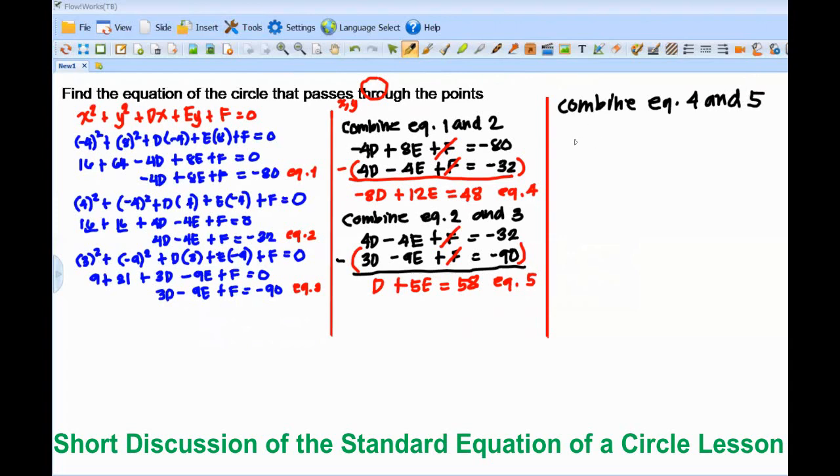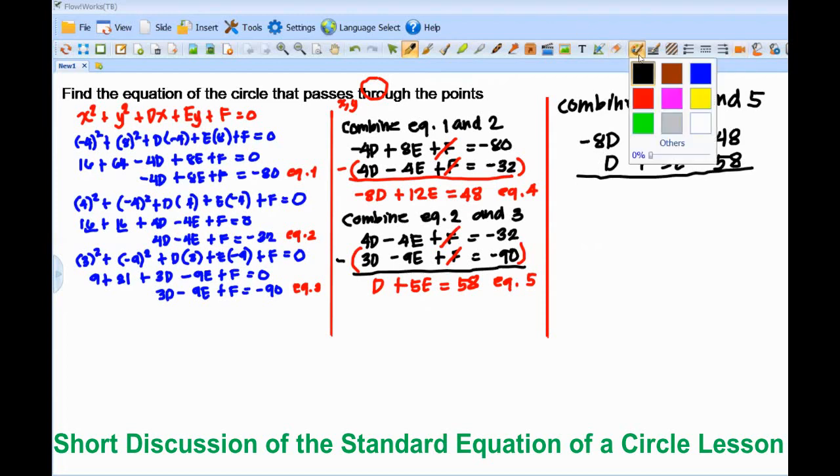So let us write equation 4 first: negative 8d plus 12e equals 48. Here, d plus 5e is equal to 58. Okay? Now, for me, it's easier to eliminate the variable d, because you can multiply this by 8, so that it will be the same as the d on the top part.